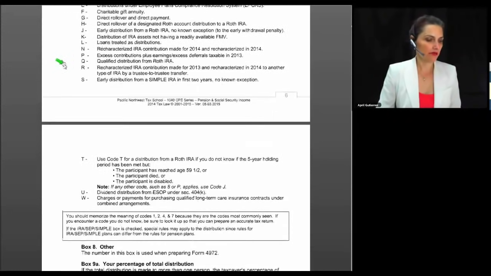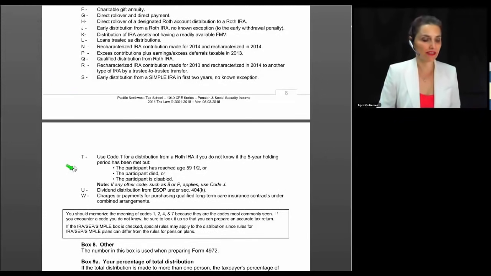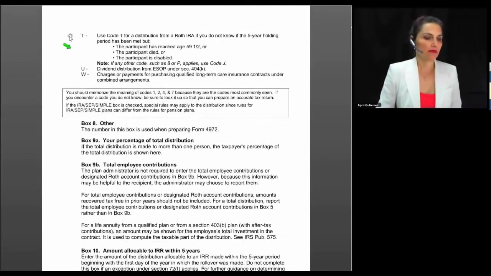Moving on down, I would say the next one to be concerned about is code S, early distribution from a SIMPLE IRA in the first 2 years with no known exception. If you took an early distribution from a SIMPLE IRA in the first 2 years, then you are dealing with a pretty big penalty, 25%. And then finally, we have some other codes here that would come up less commonly.